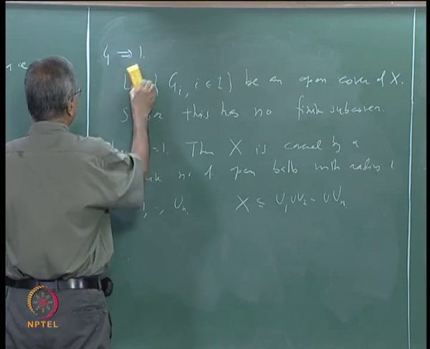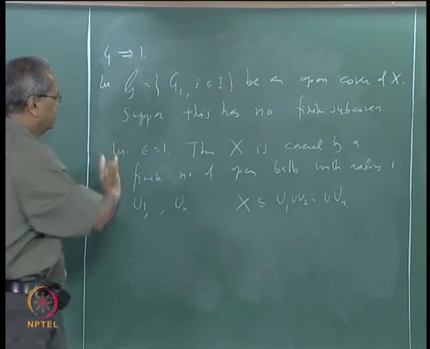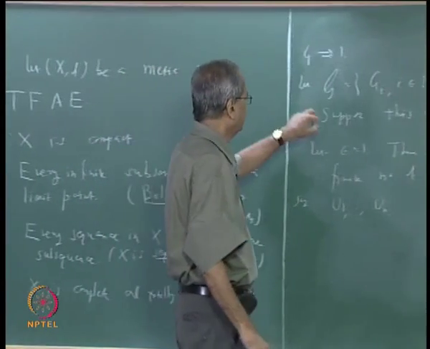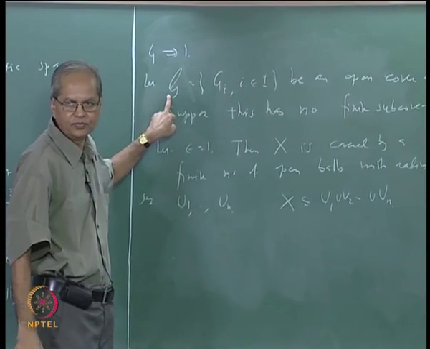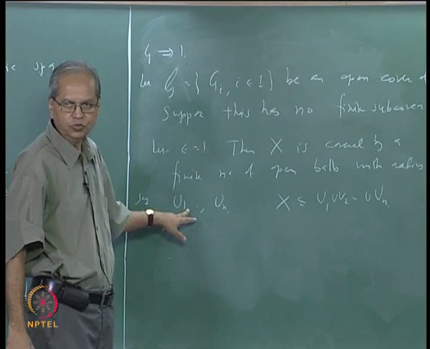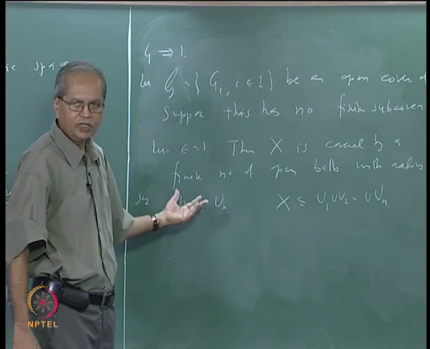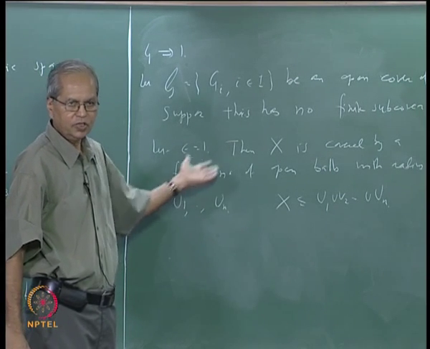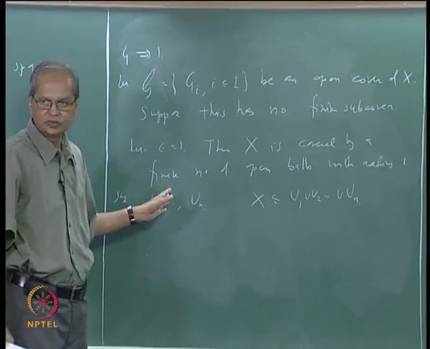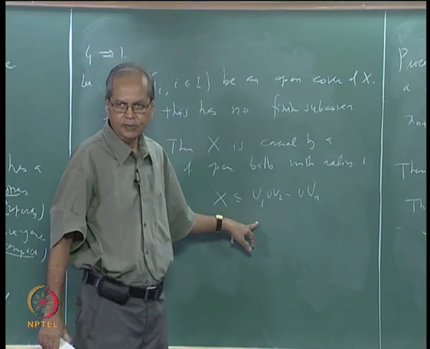Suppose I call this script G, a family of open sets which covers X. Suppose you can find a finite subfamily which covers u1, again some finite subfamily which covers u2, and some finite subfamily which covers un. Then what will that mean? Suppose you take the union of all those finite subfamilies, you will again get a finite subfamily, and that will cover X, because X is contained in the union of these.